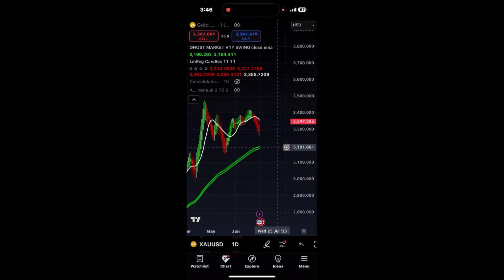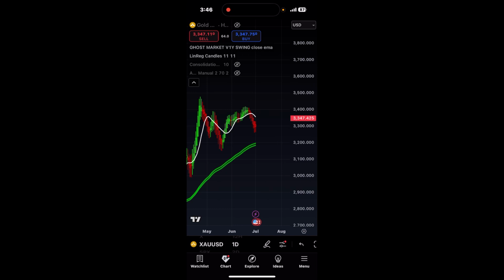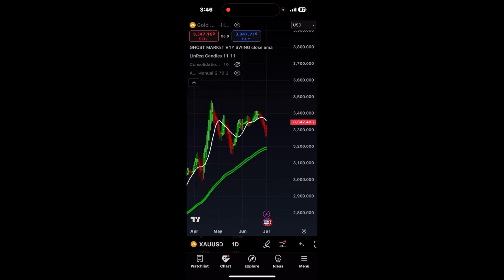So around $3,191, you could put in a buy order if the candles get around that number, if you want to take that risk. But that's not what the strategy is for. Mainly, it can be used as a level of support. You can always see where it could potentially bounce from.